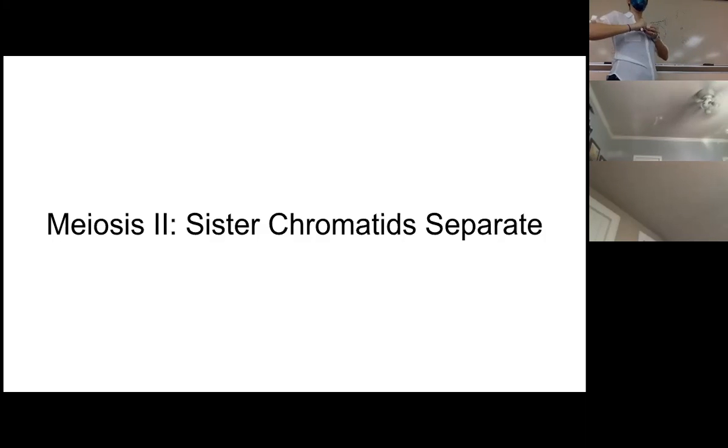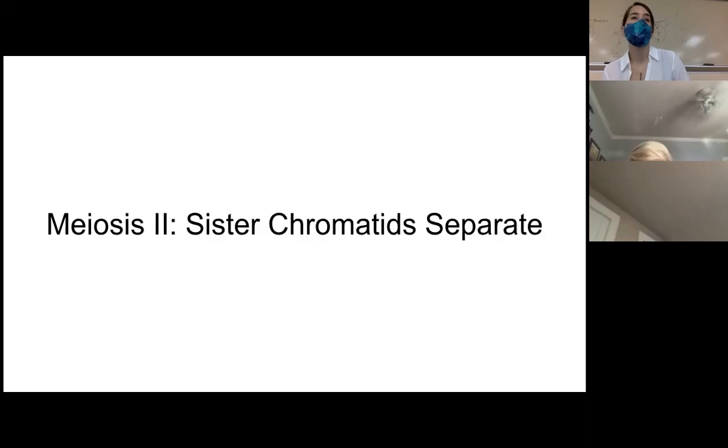I'm trying to make sure that I have 1 from each homologous chromosome pair. I don't want double that. I doubled it in S to make my copies, to make my sister chromatids so that I could divide this up and switch it around. But right now I still have too much DNA. If I joined those together, I would have something with too many chromosomes. All right, so now we gotta separate our sister chromatids. Then if I joined the products together, it would make an offspring cell with the right number of chromosomes.